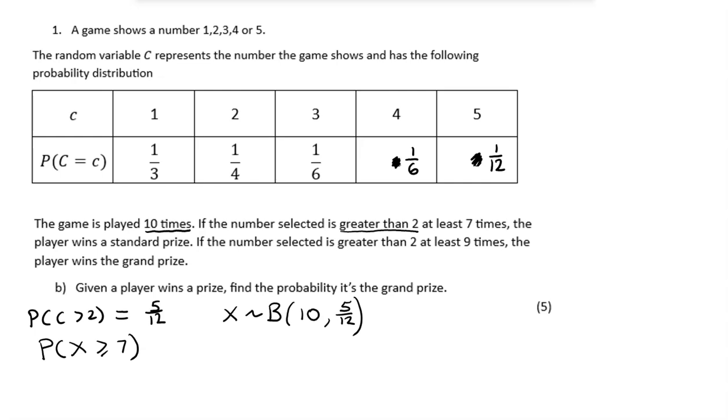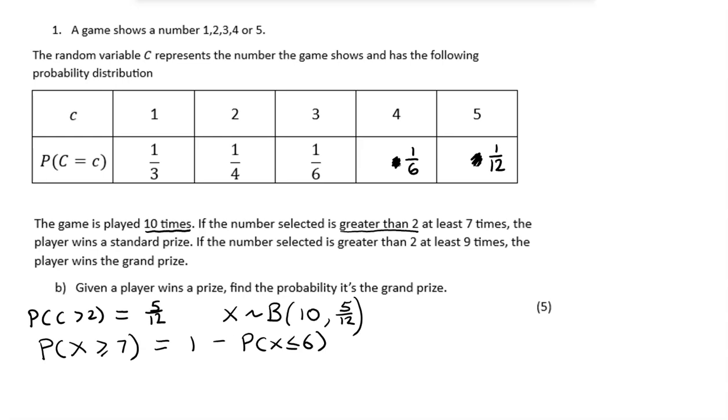So we're going to work out the probability that x is greater than or equal to 7. What that means is I want to work out the probability of it being 6 or less successes and then take that away from 1. This is because my calculator won't be able to find 5/12ths in the table, so you will need to use a calculator here.